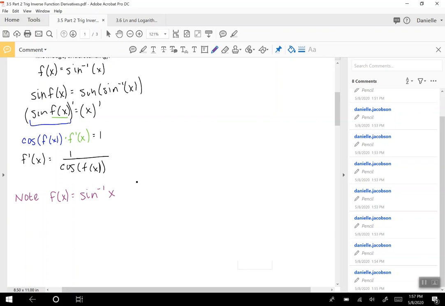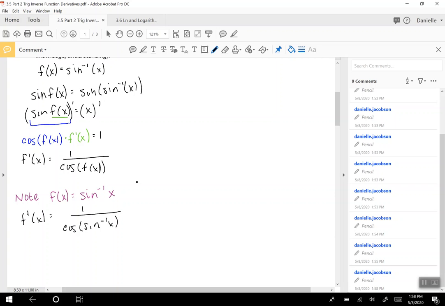If I plug f of x back in, I have f prime of x is equivalent to 1 over the cosine of the sine inverse of x. So if you actually took the derivative and used this, you'd have to back plug things in, figure out what your x value was, then what the sine inverse of that was, and then what the cosine of that is, which would basically mean you'd be doing a ton of trigonometry when maybe there's something more efficient.